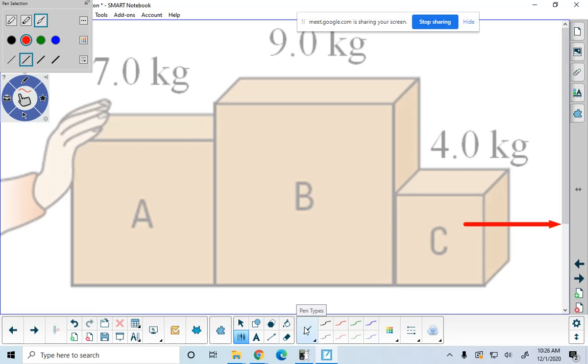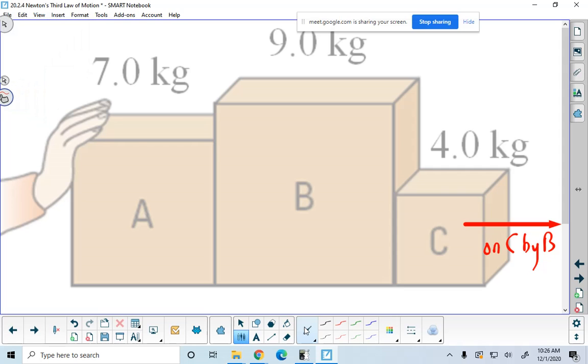This is on C by B. And there will be an equal but opposite force on B by C.